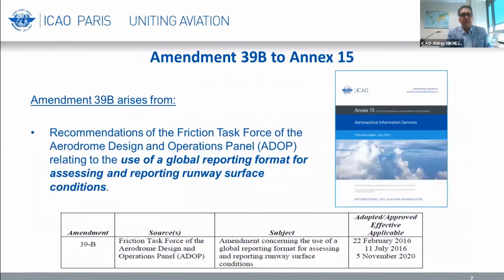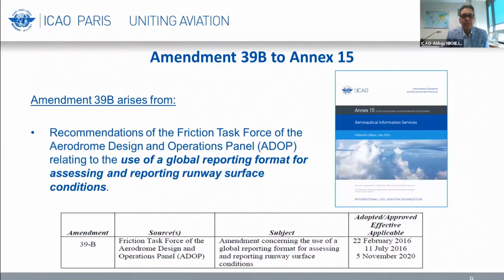So we get into Annex 15 provisions related to a Snowtam. You may remember that ICAO introduced GRF in 2016 with the implementation date of July 2016 and applicability date of 5 November 2020.